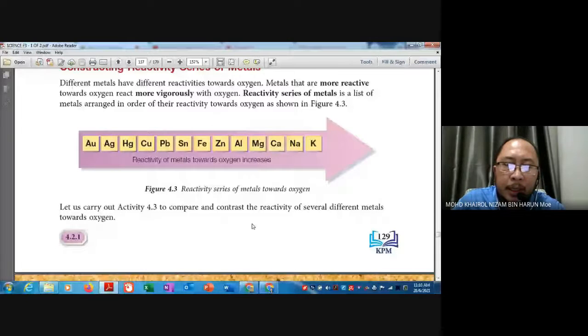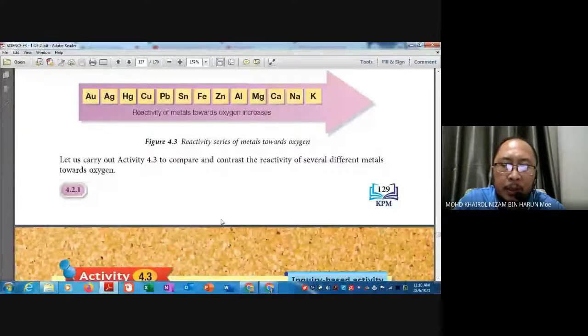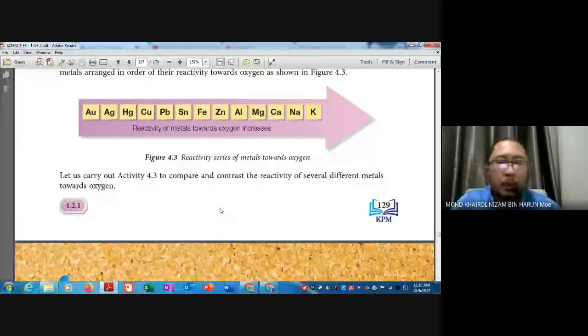Because they can react vigorously toward oxygen. Based on their reactivity, we put these two elements into the reactivity series of metals, even though they are not metals.